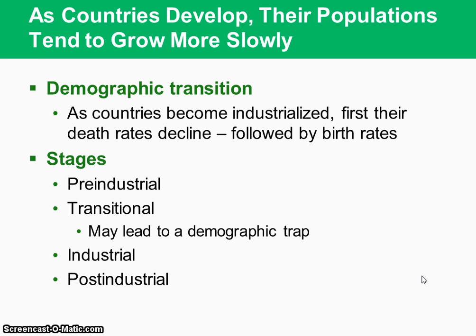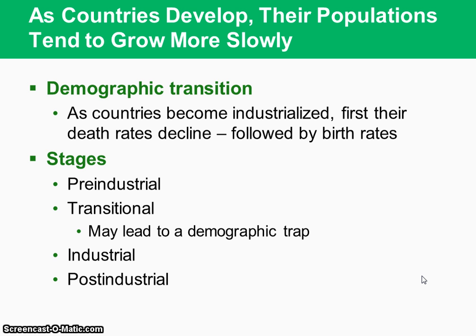Okay, so the idea of a demographic transition is that when countries go through their normal process of growth and urbanization, they will eventually lower their population growth. And how this happens is first we have a decrease in death rate and then a decrease in birth rates.